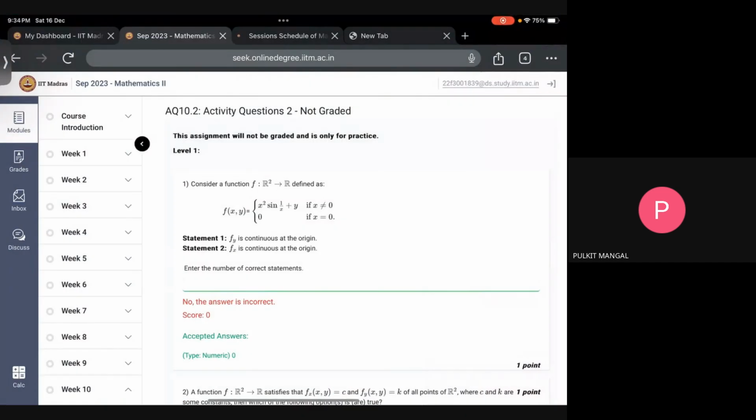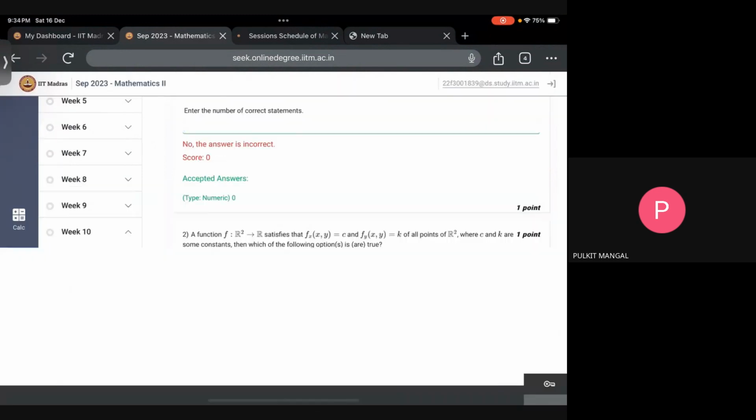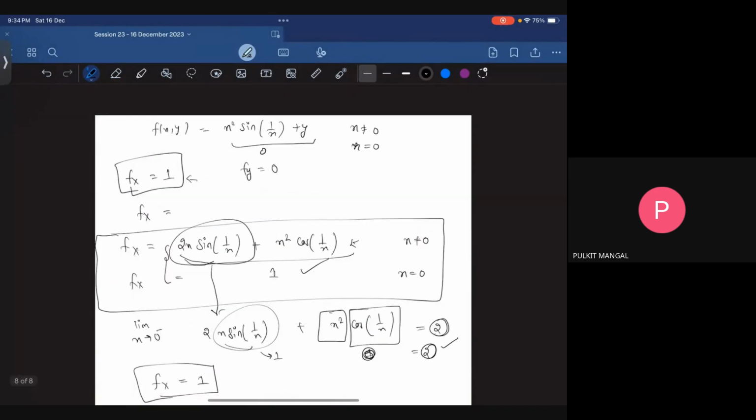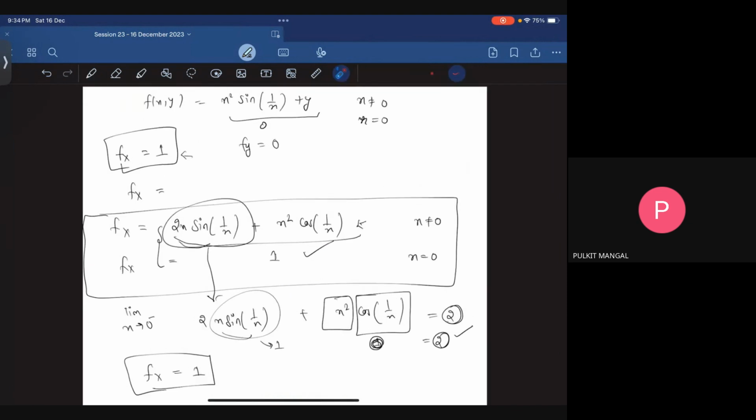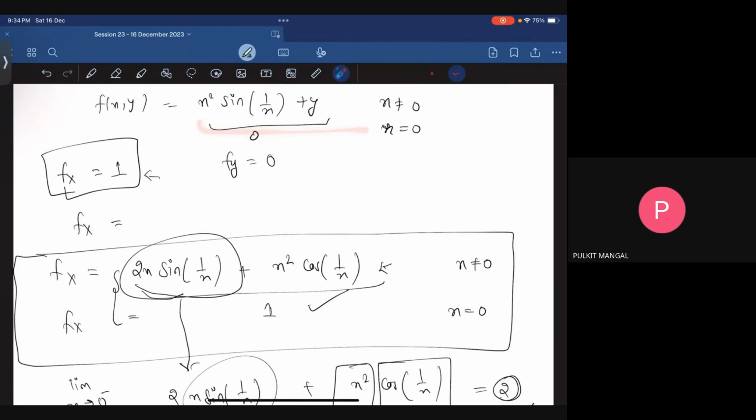So I will just repeat it once again. The function given to us was x square sine of 1 by x plus y when x is not equal to 0, and 0 when x is equal to 0. So we found the fx and fy at the point 0, 0.